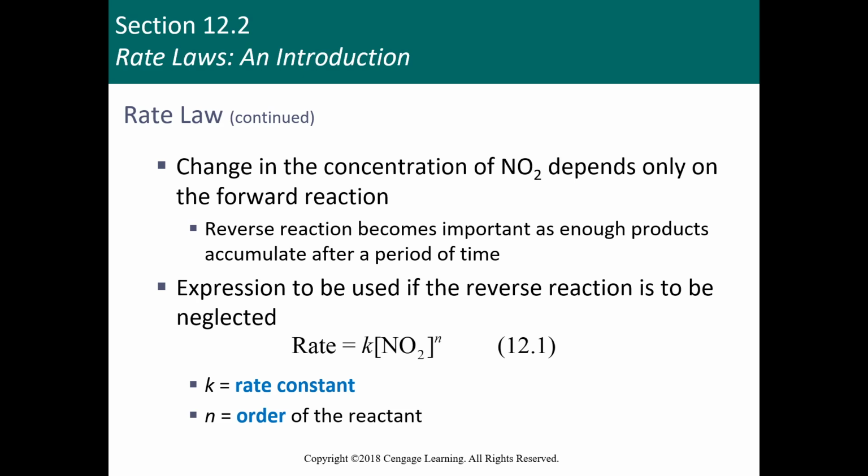The reverse reaction becomes important as you gain enough products to accumulate after a period of time. Remember where I said that this graph would go on way back in the beginning when we were looking at these curves for the reactions? This is what we're talking about. This part right here is that side portion of the graph we did not show before.